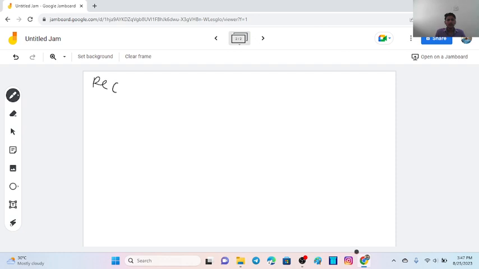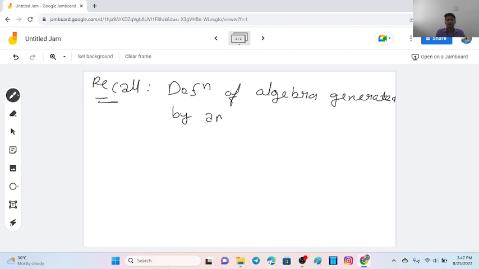So once more, recall the definition of algebra generated by any subset of X. What was it? It was the minimum algebra that contained that subset, right?